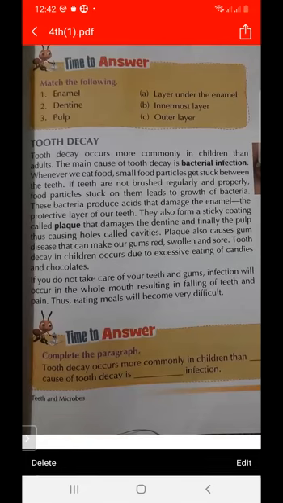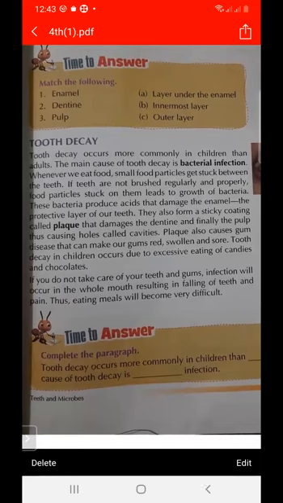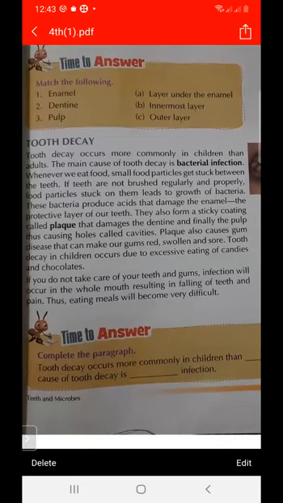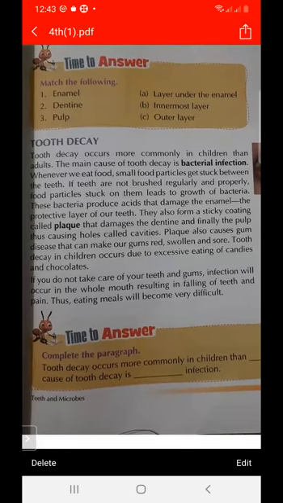The small holes in the teeth are called cavities. Tooth decay occurs if we eat excess quantities of candies and chocolates, and then the gums become red, swollen, and sore.